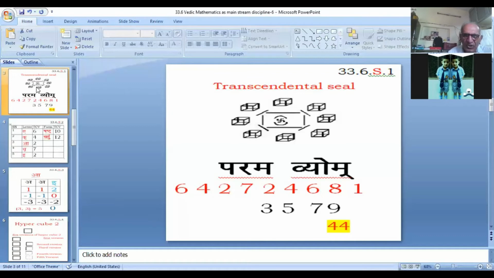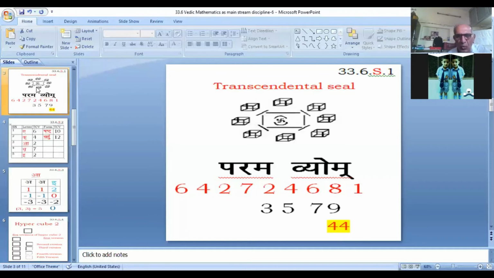Therefore, the transcendental seal, with its explosion, with its unsealing process coming into play, will amount to the Param Vyom, the transcendental space having its display.